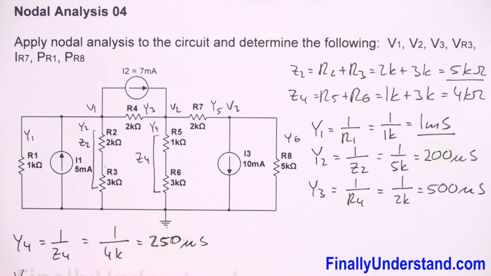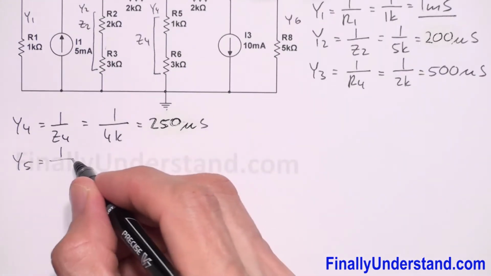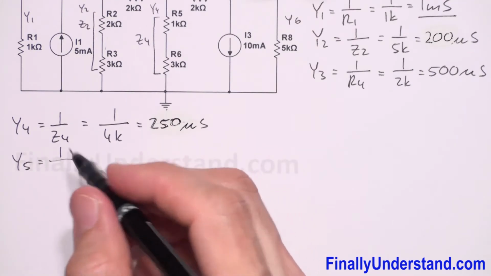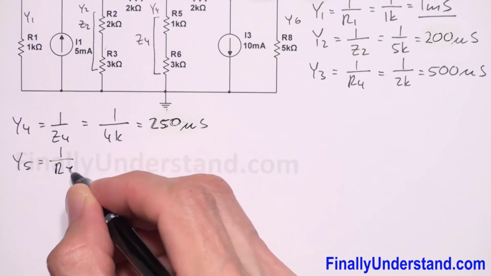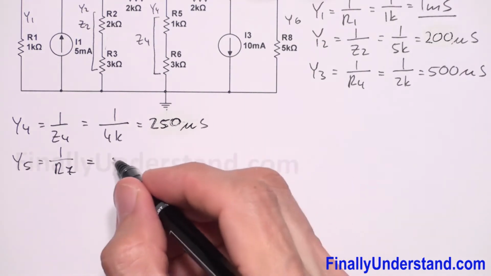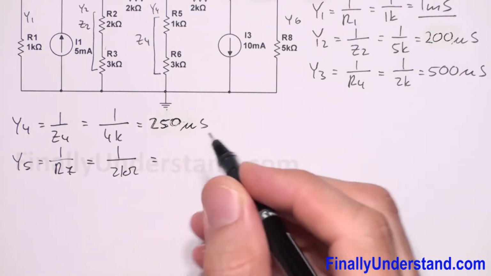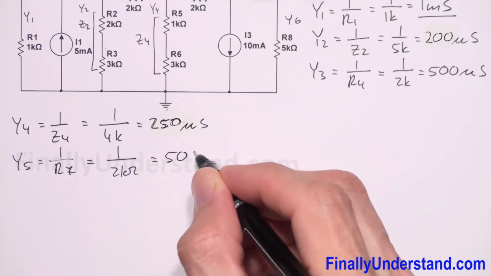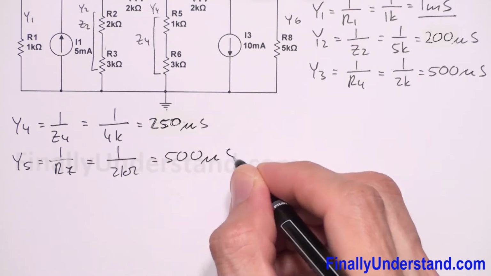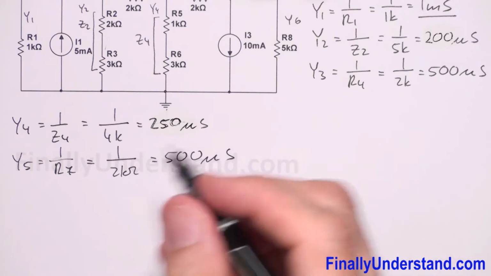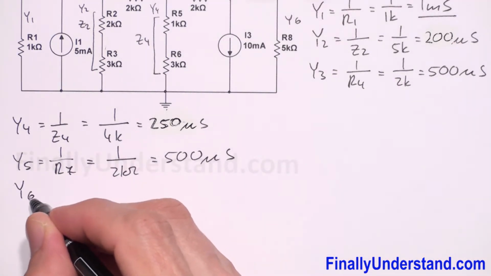Okay, so next I'm supposed to find Y5. This is equal 1 divided by R7, and this is equal 1 divided by 2 kilo ohms, which is equal 500 microsiemens. Next, I'm supposed to find Y6.